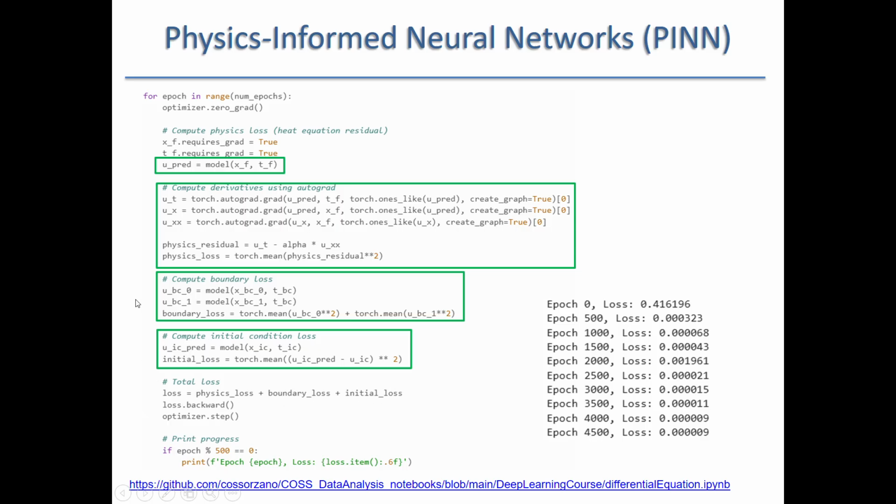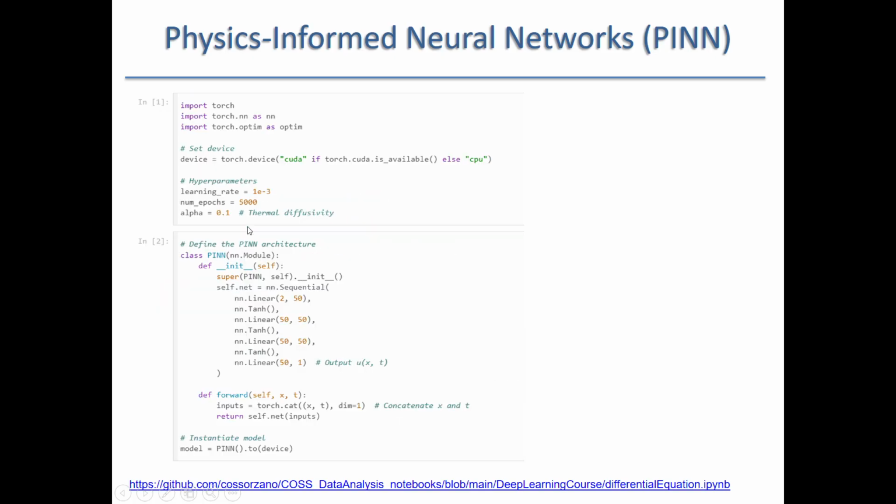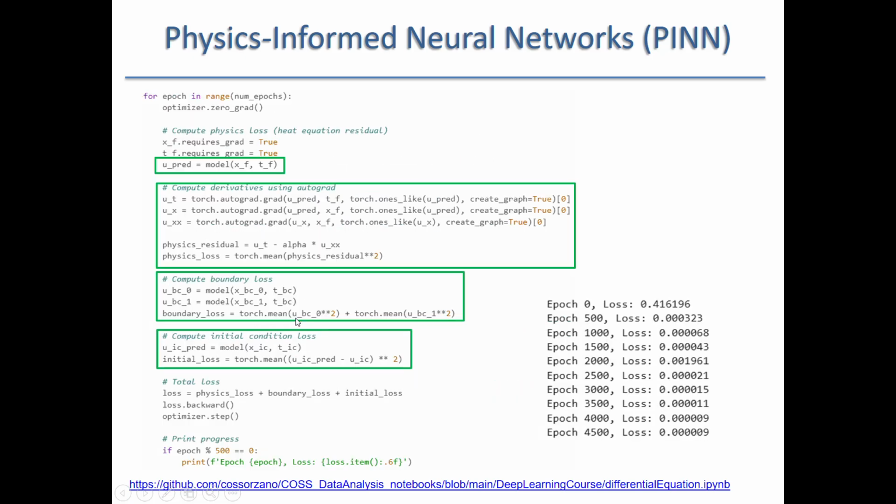We have said here that xf and tf require gradient, so that we can compute these derivatives, and then we compute the loss and optimize, giving one step of optimization. So the weights of the neural network will be updated by this optimizer.